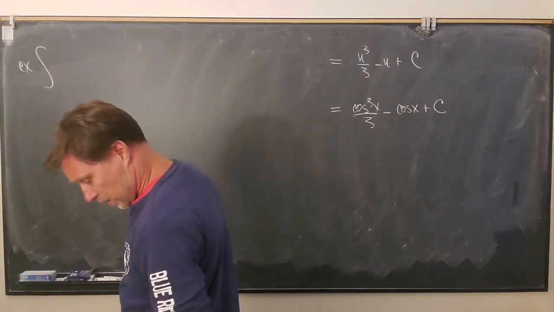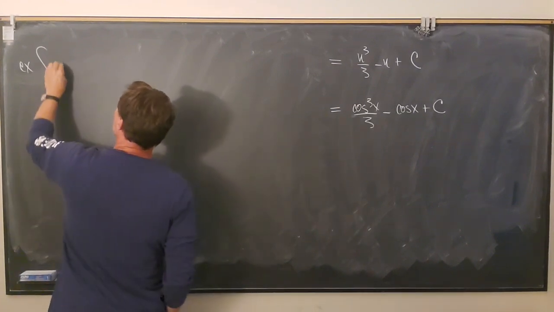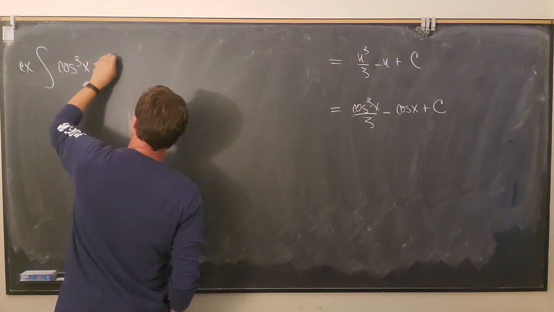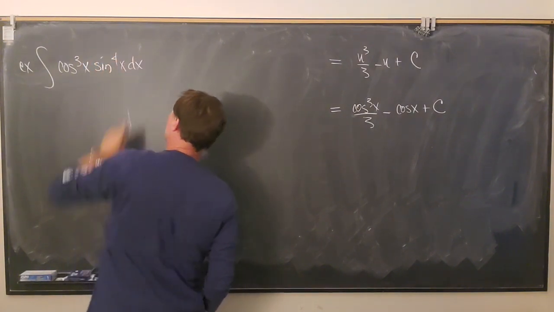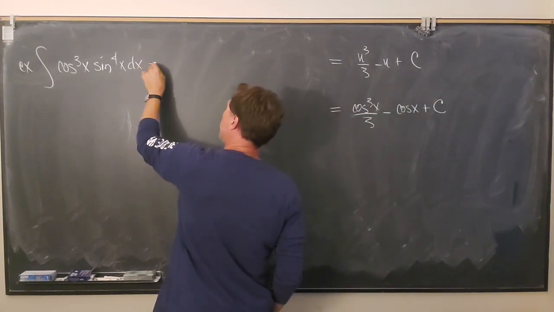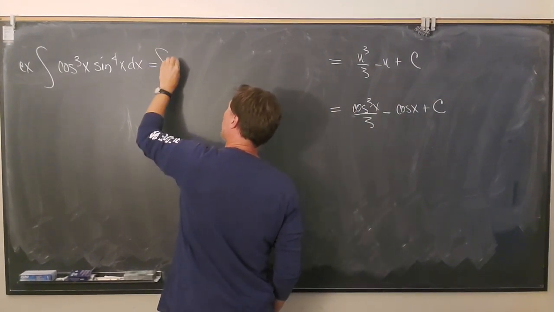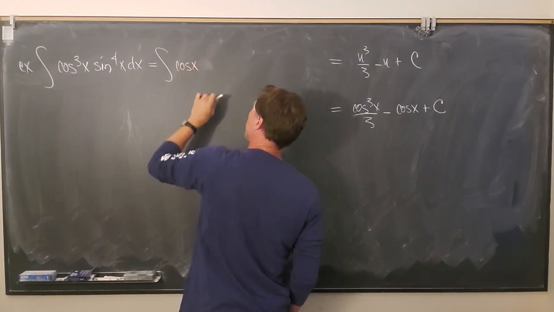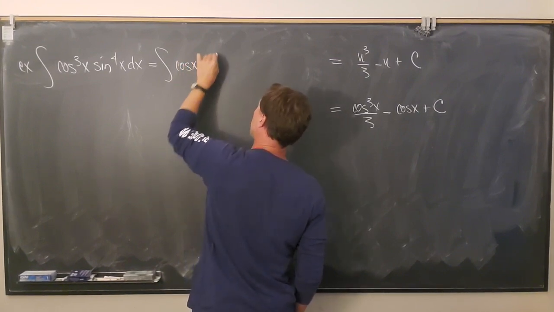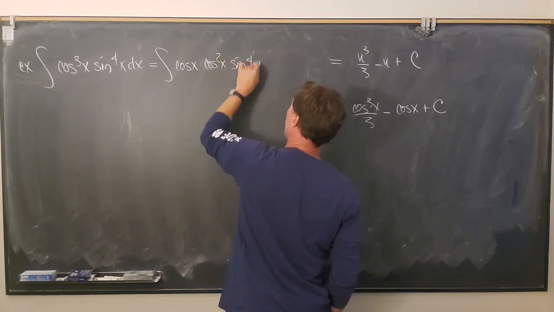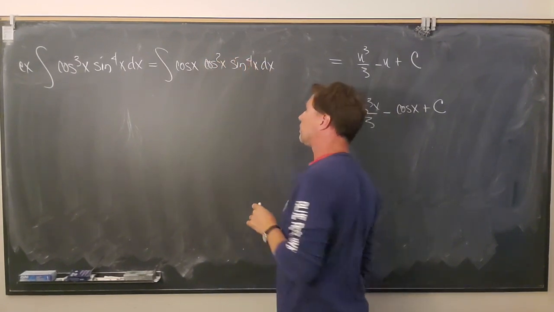Let's do cosine cubed x times sine to the 4th x dx. Now what I'm going to do is peel off one factor of cosine x. So now we'll have cosine x times cosine squared x times sine to the 4th x dx.